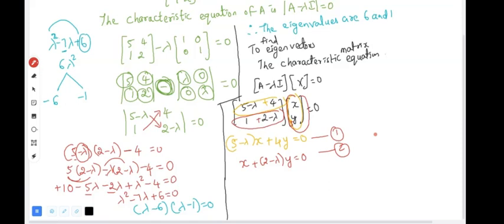Now we will substitute the value of lambda in these two equations to find the eigenvectors. Let me substitute. If lambda is equal to 1, substituting in the above equation we get 5 minus 1 into x plus 4y equals 0. That will be 4x plus 4y equals 0.